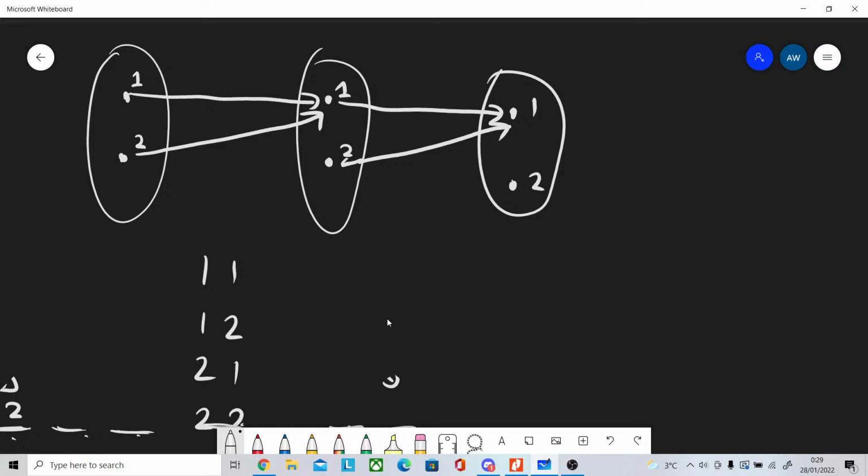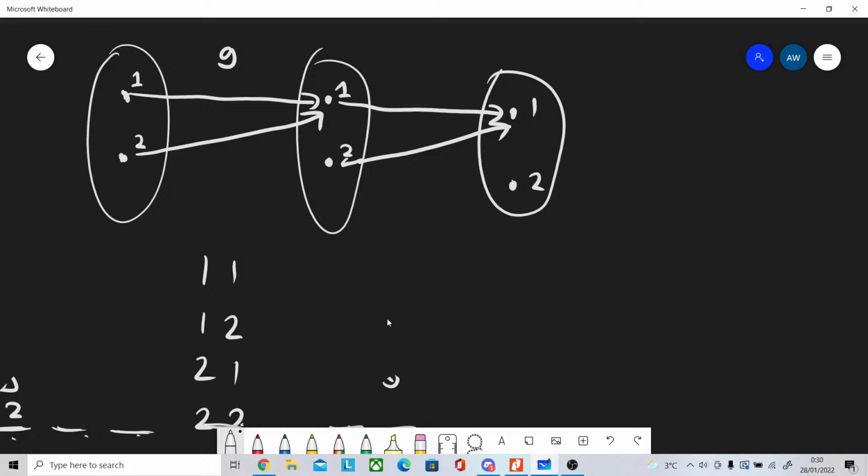If we compose these two maps together, what we obtain is 1 goes to, we follow the arrow, 1. 2 goes to, we follow the arrow, 1.